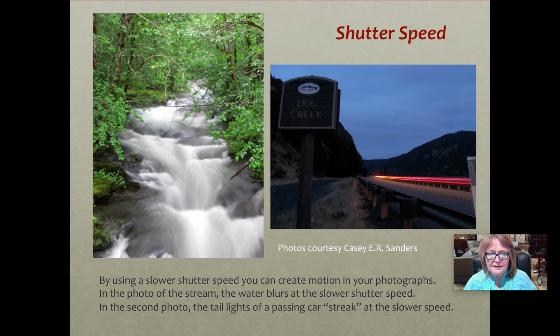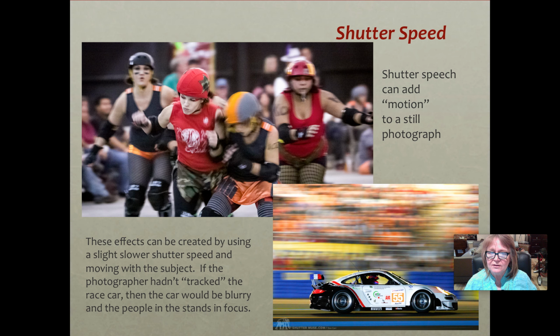So it can help communicate things. You can bring action into a still shot. This one, he kept track with the one roller derby person, and everything else is moving, so it makes it feel as though it's action. And the other picture, of the race car: they have the camera up in front of them like this, and then they hit the shutter and go like that, and so they follow the car with it.